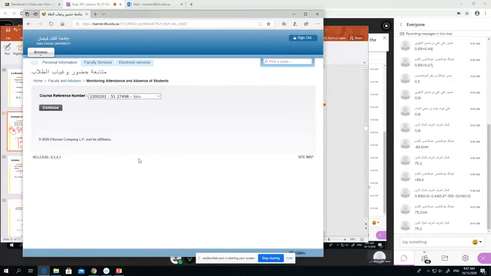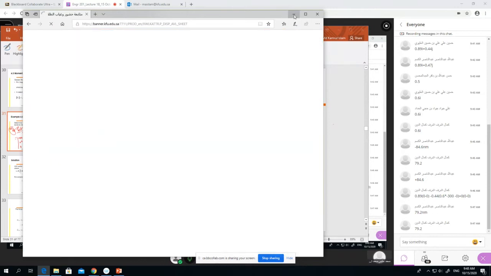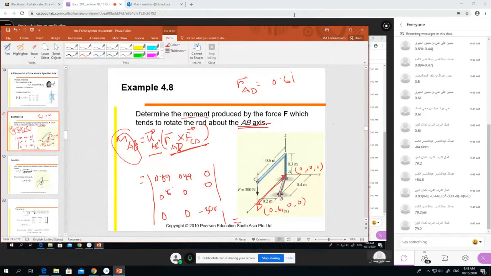Abdullah Abdul Nasir, how did you calculate 84.6? Yes, Doctor. I took UAB wrong. I took it 0.47. I didn't take it by 0.44. That's the difference? Yes, this is the difference.